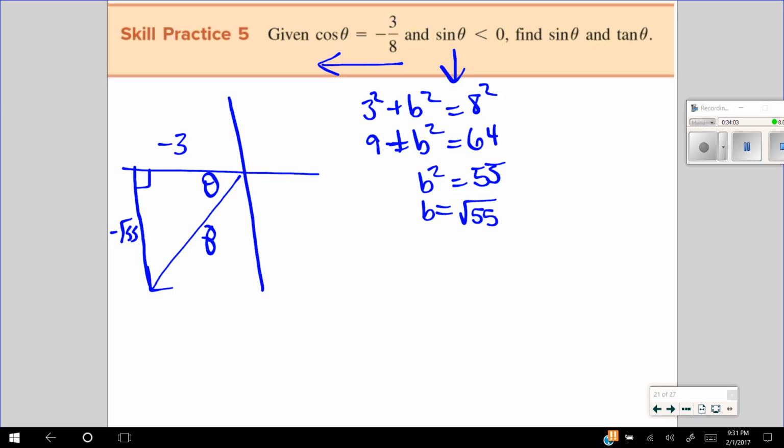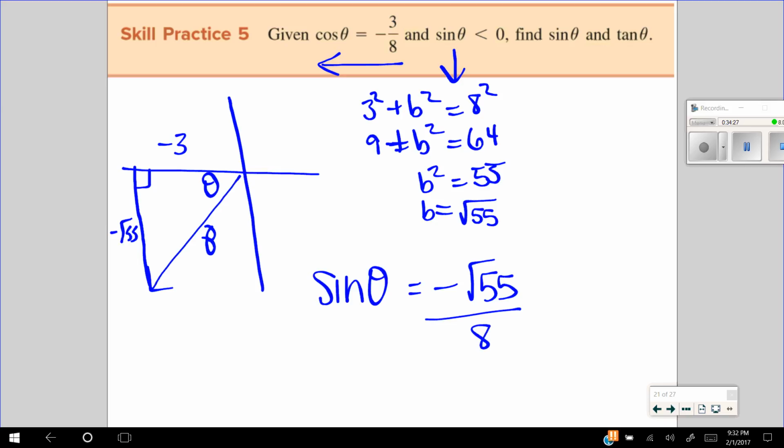So what does that mean? Sine of theta is opposite, the negative square root of 55 over the hypotenuse, which is 8. Okay?